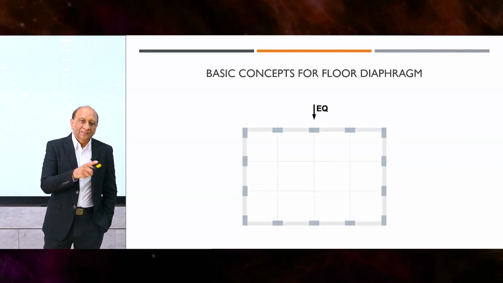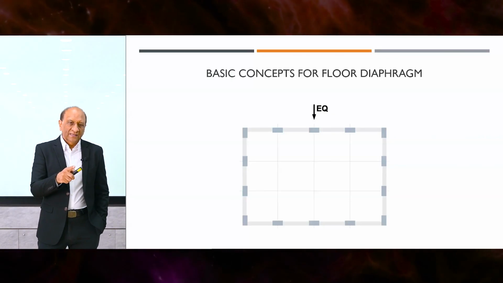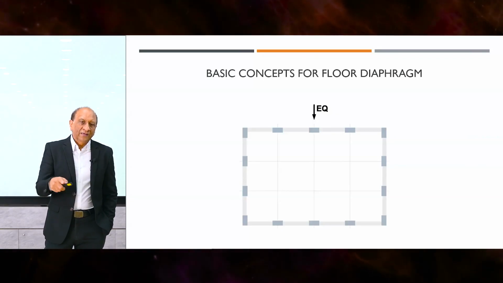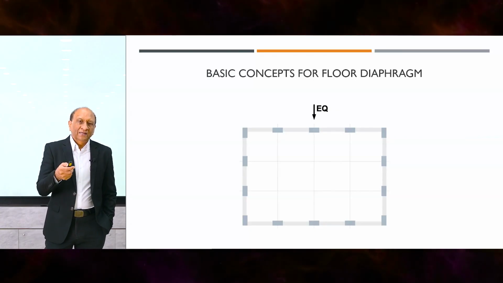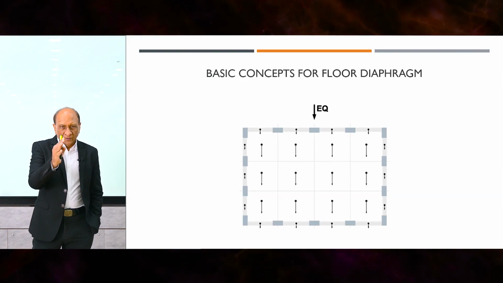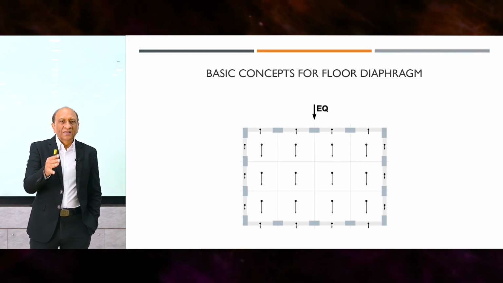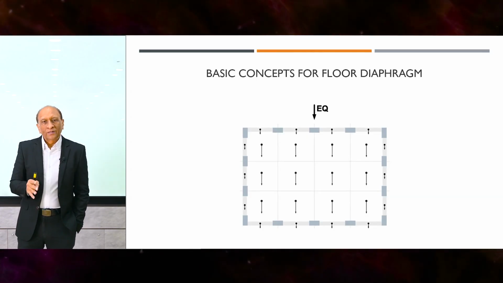So if you look at the earthquake flowing through a floor, this is an ideal case where you have the framing outside and the floor is a flexible floor. And then if this force will flow through because of the masses here from earthquake, there's no force as such. The force is being generated locally by the slab through inertia.